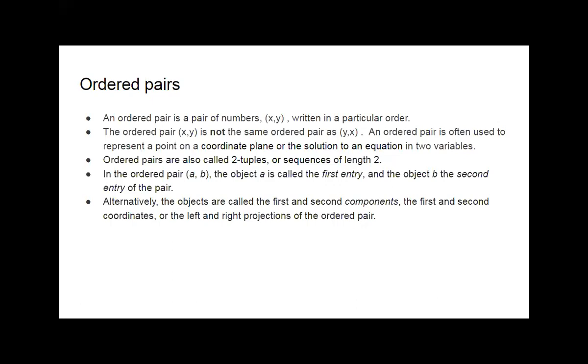But in an ordered pair, the length of that sequence will be 2 only, because it is already in the name, pair. It should contain at most two elements, not more than 2.